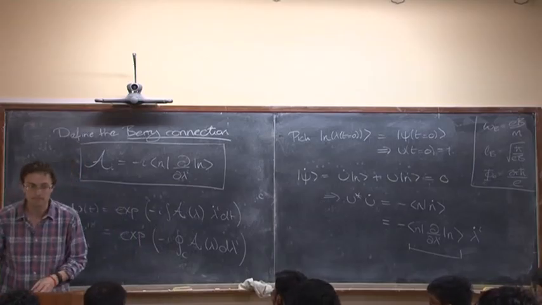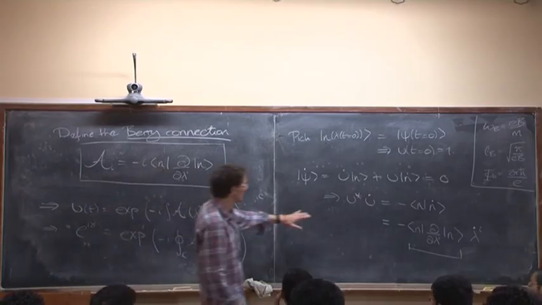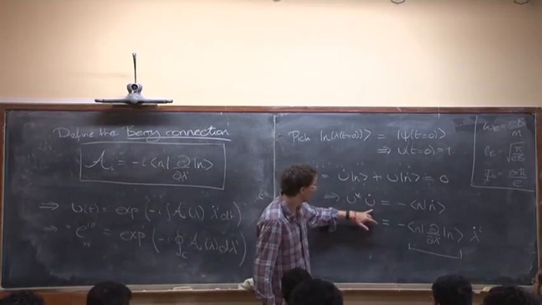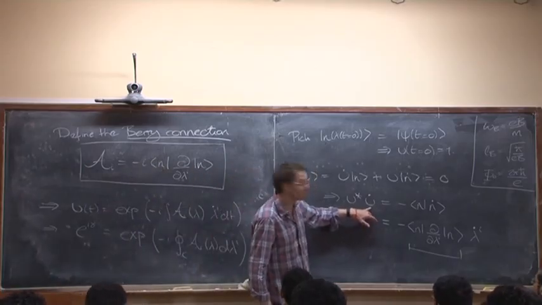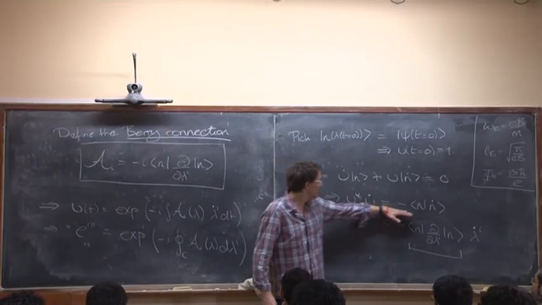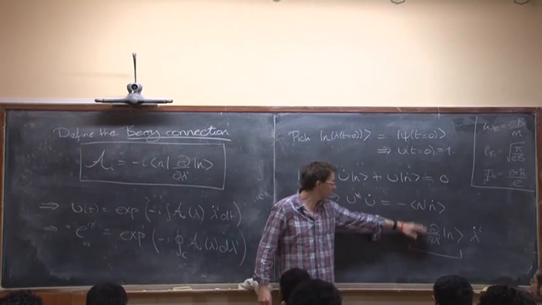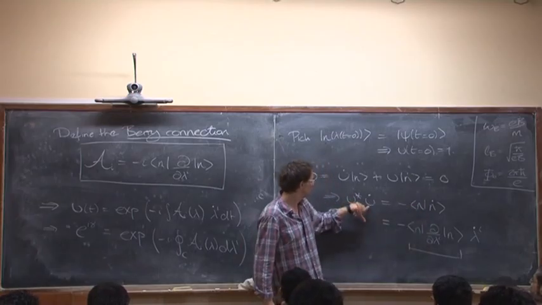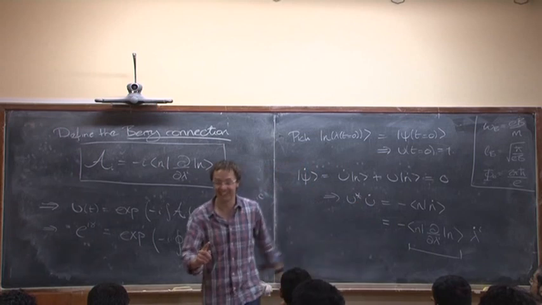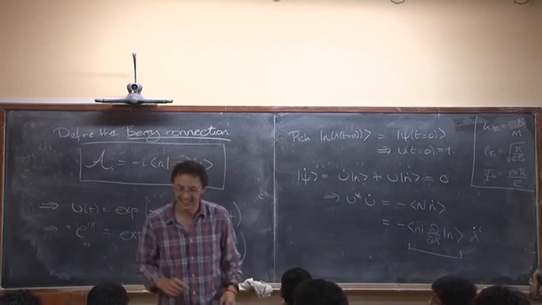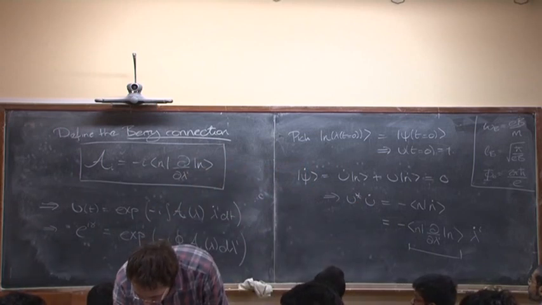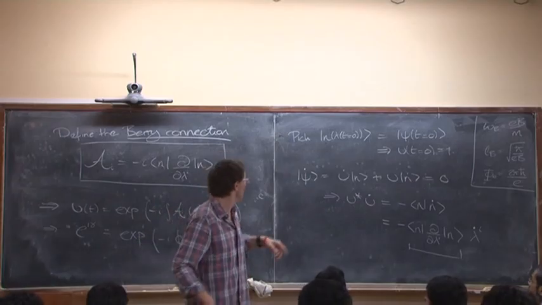On the second line, the left-hand side, is it between n and n? Sorry, which line am I looking at? It's the overlap on the left-hand side. Oh, these are just numbers.